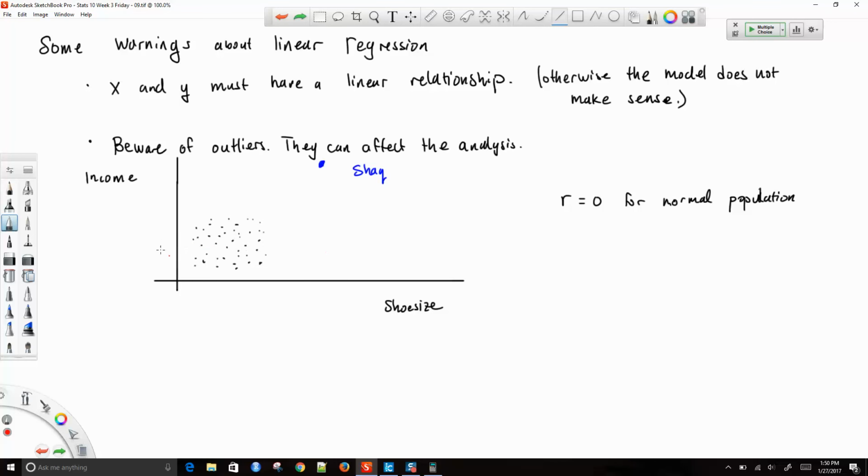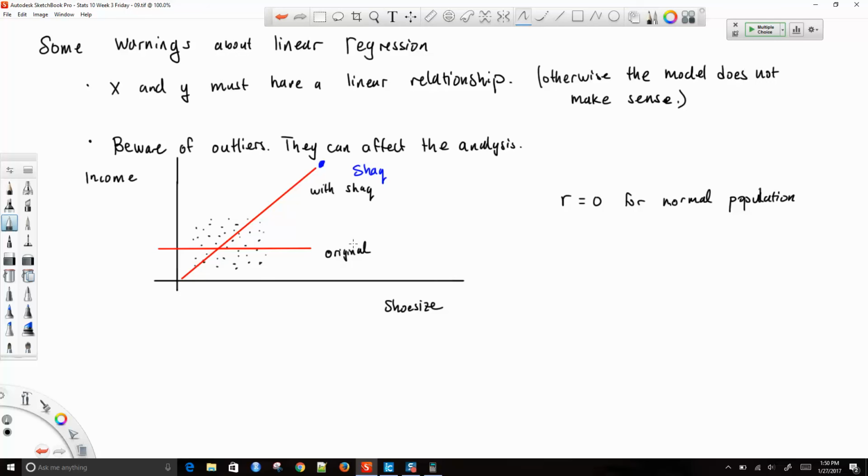But with Shaquille O'Neal in here, the trend line is going to try to accommodate Shaq, and now it would seem like there is a relationship. So that's no good. This is the original, and this is with Shaq. So you've got to watch out for that.